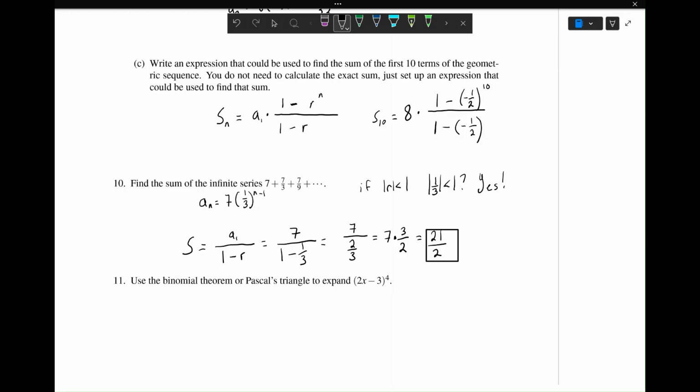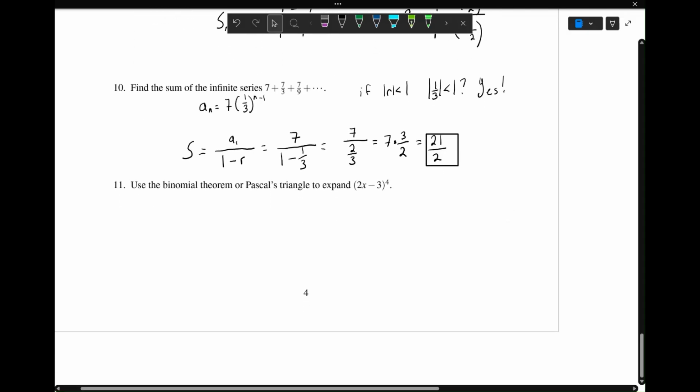Now, use the binomial theorem or Pascal's triangle to expand 2x minus 3 to the fourth. I personally like to use Pascal's triangle just because I like how it looks.